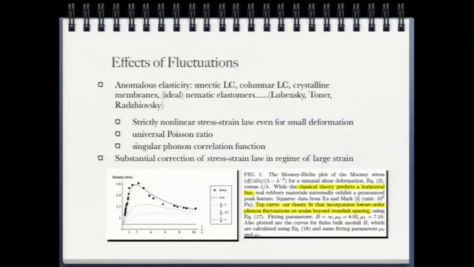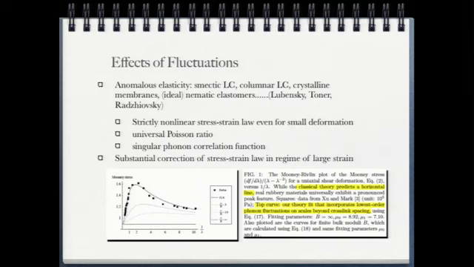Here, the vertical axis is the Mooney stress of an isotropic rubber. According to the classical theory of rubber elasticity, it is a flat straight line. Now this data is taken from some very old work, and it shows a peak. This peak is universally exhibited by many isotropic rubbers.